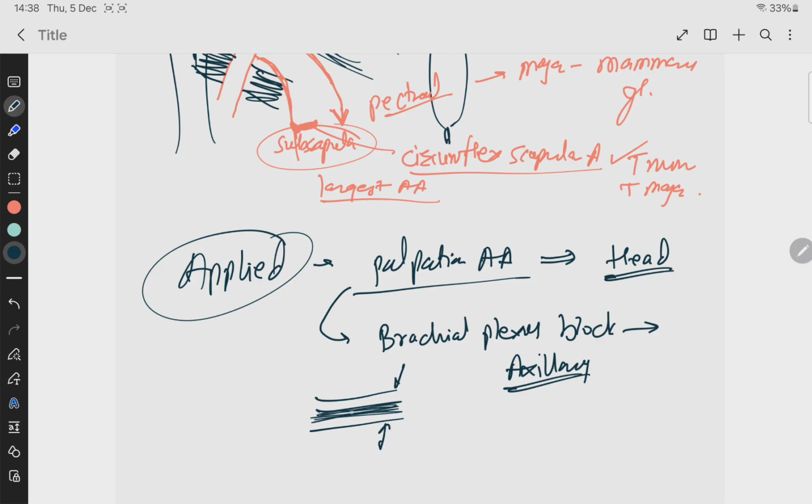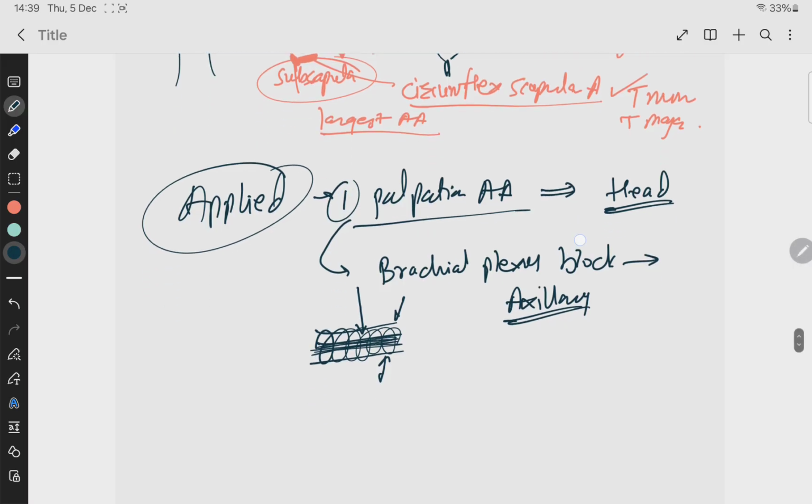Okay, and when the artery is palpated, you have to insert the needle through the skin in the axilla. Around this artery, the needle is put and the drug is injected that lies around the axillary artery and the brachial plexus, and it blocks the conduction, gives anesthesia to the distal part of the upper limb. So that is the first and most important applied part.